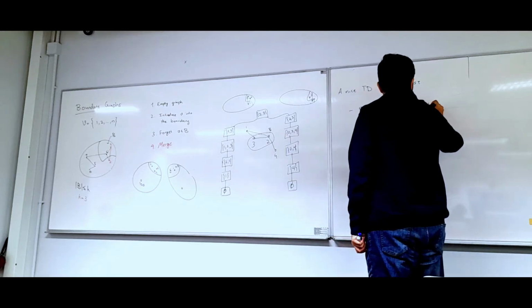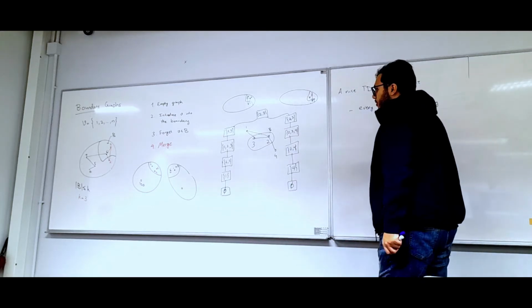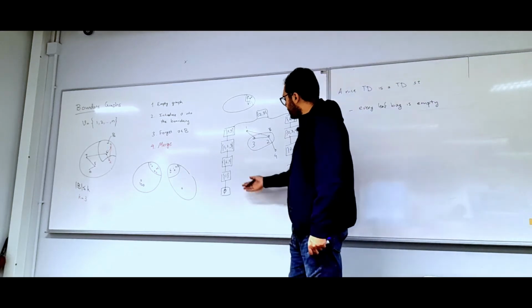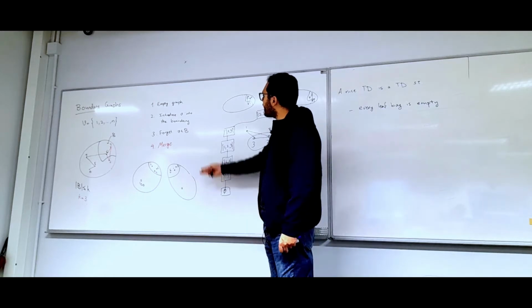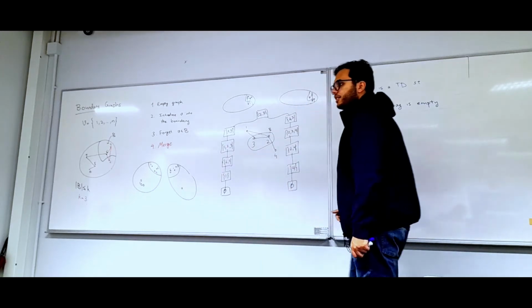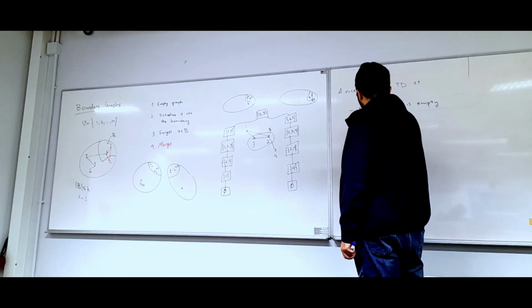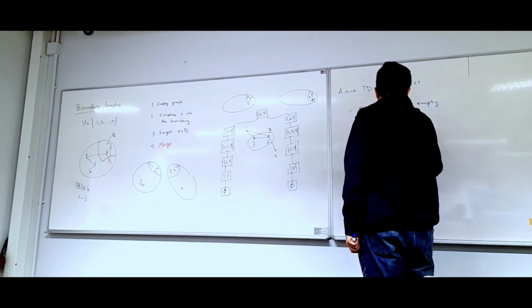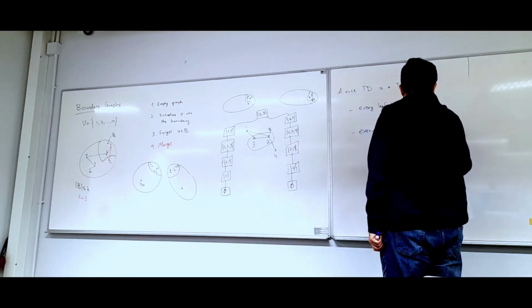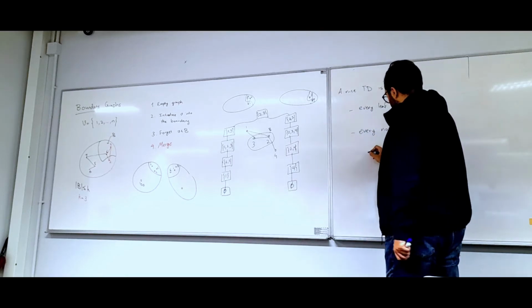That's my first condition. But now, what other types of bags can I have? I can have an introduce bag. So I just use the word introduce as a label for my bag as well. So I want to say every non-leaf bag is one of these cases.